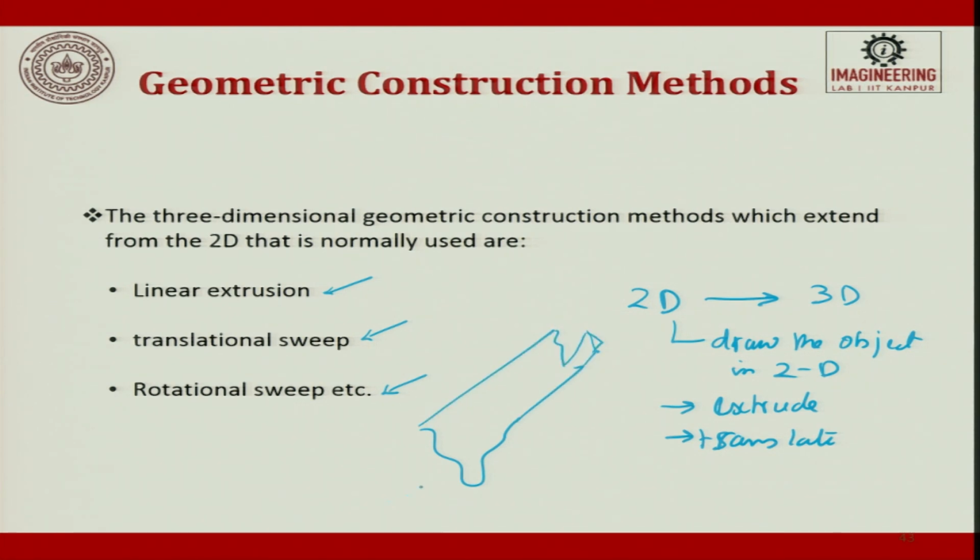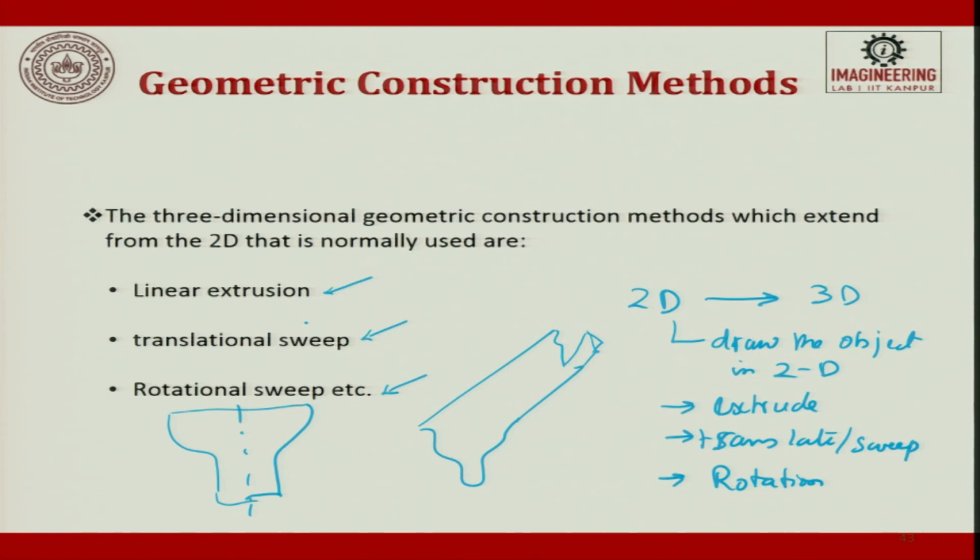This is a translational sweep. Or if you want to do rotation, for example if you have an axisymmetric part, I have drawn a cup and I say please rotate this cup by 360 degrees, then immediately it is made. So, this is an extension of 2D in only one direction or through some degrees.